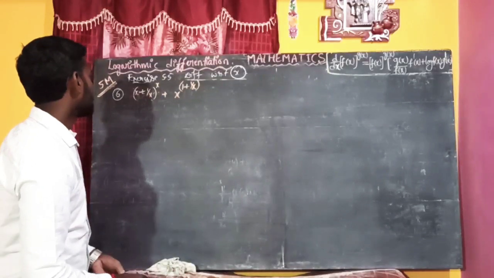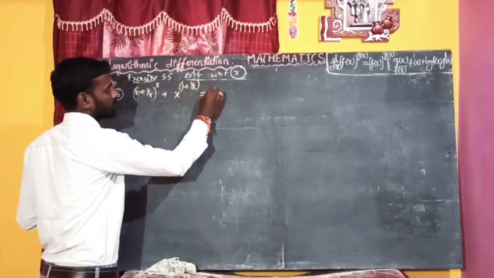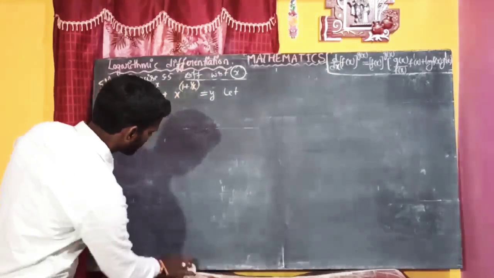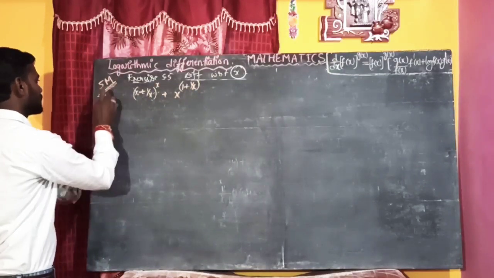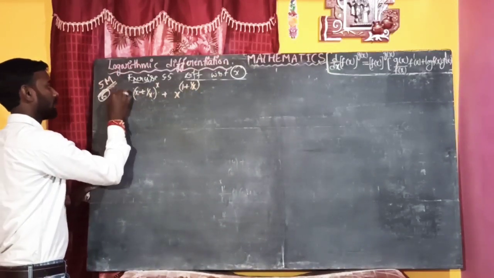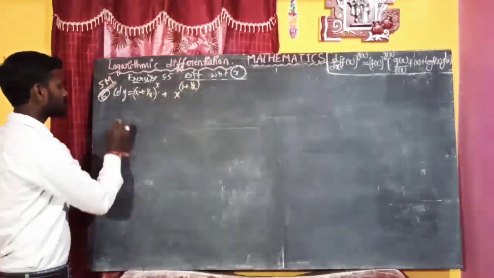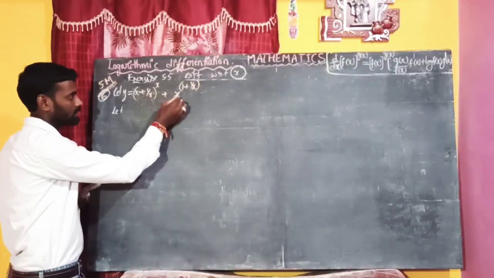Now observe guys, let us call this function as y. Let y here be equal to this function. Here observe guys, I will call this function as u and this function as v.